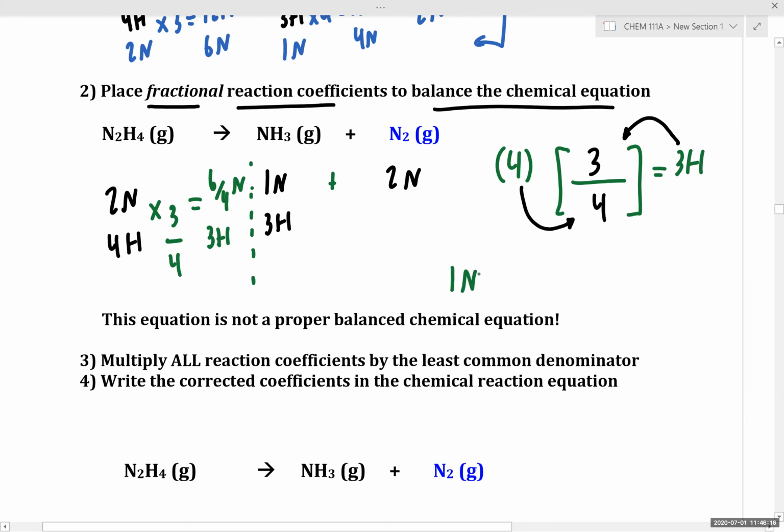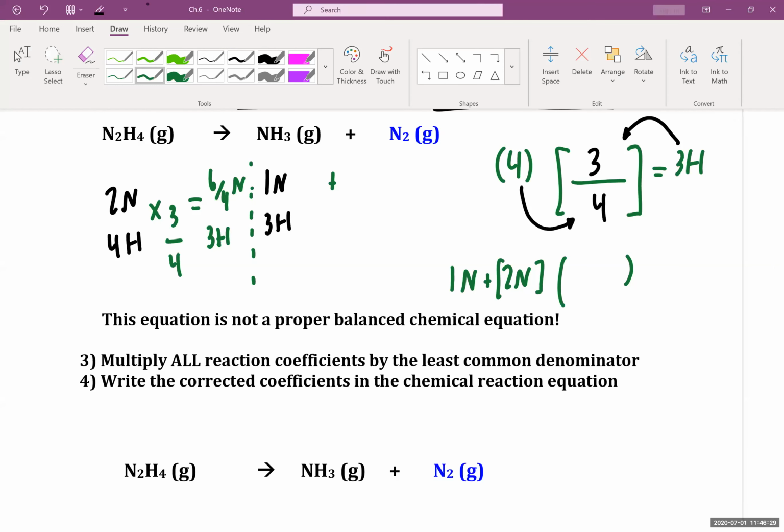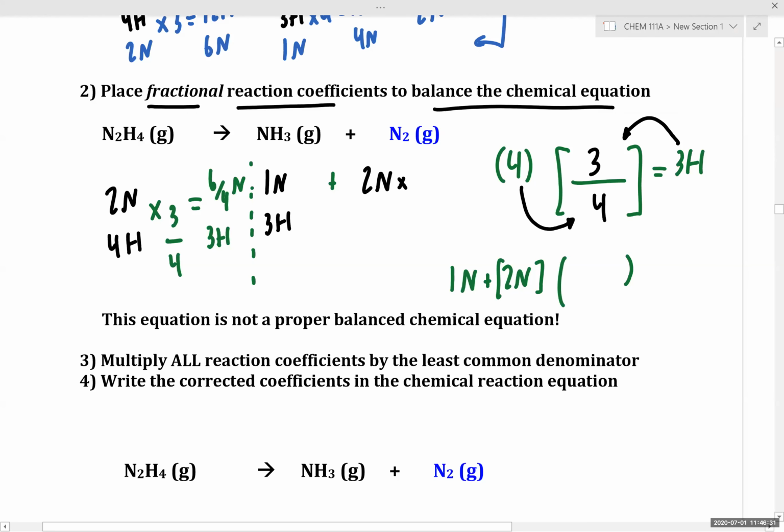So 1 nitrogen plus 2 nitrogens times some fraction. We're now going to guess the fraction for nitrogen. So we have 2 nitrogens, and we're going to try to guess the fraction in order to give us equal numbers of nitrogen atoms on each side.